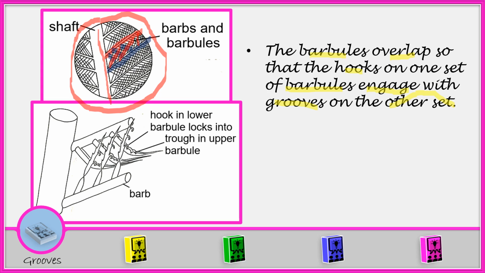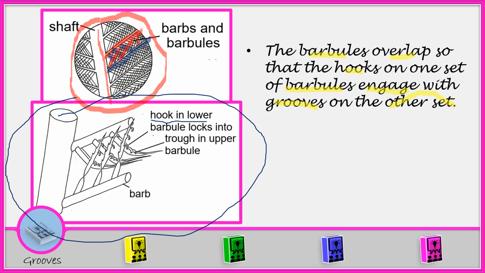So let us try to magnify this one. When we magnify it, this is what we are going to have. Here the hooks in the lower barbule lock into the trough in the upper barbule. Now, we have here the hooks. These ones we can see, they are the hooks. If we can all of us see that there are hooks here.